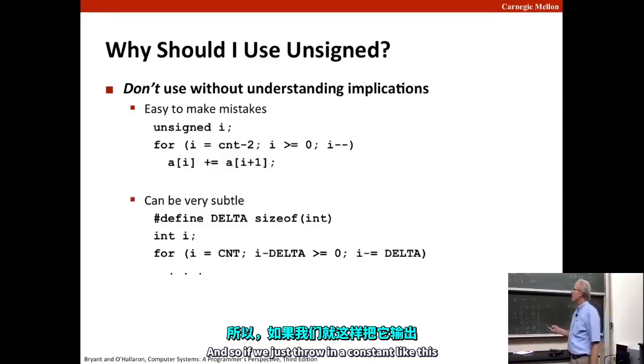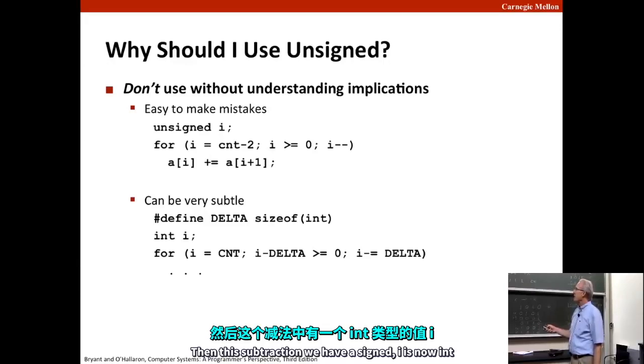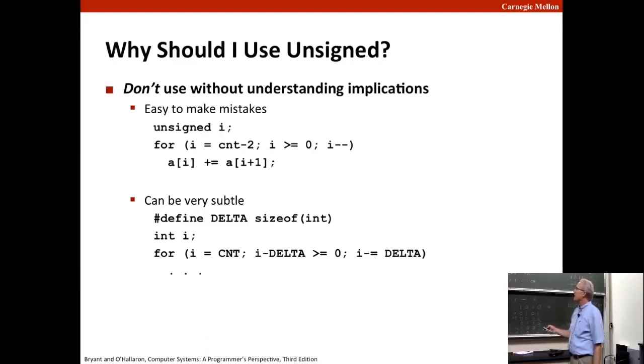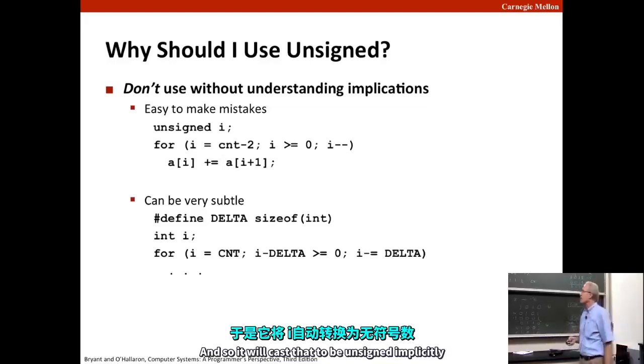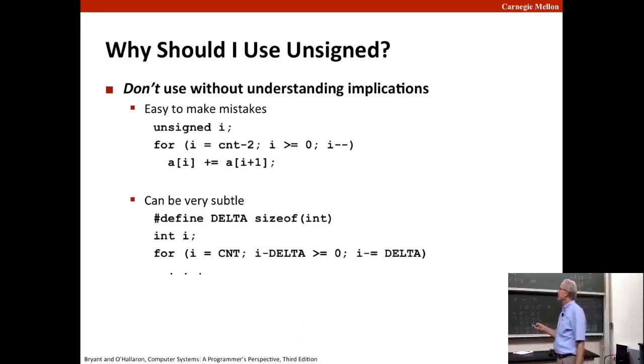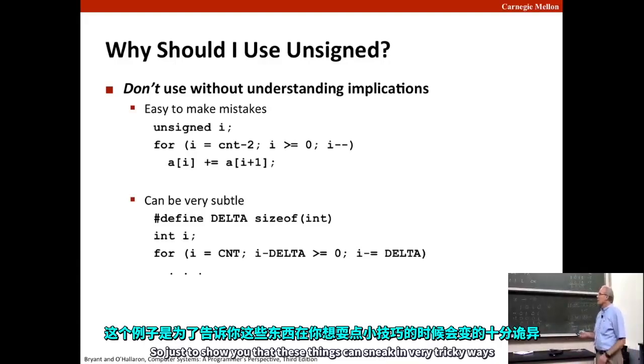And so if we just throw in a constant like this, then in this subtraction, i is now an int, but sizeof is unsigned. And so it will cast that to be unsigned implicitly. And when you compare it to 0, you'll have the same problem as before. So just to show you that these things can sneak in in very tricky ways.